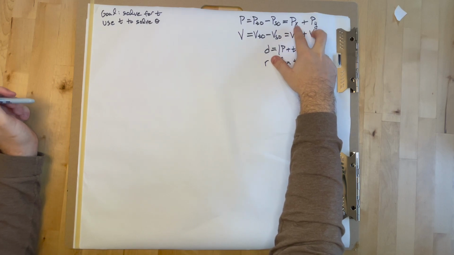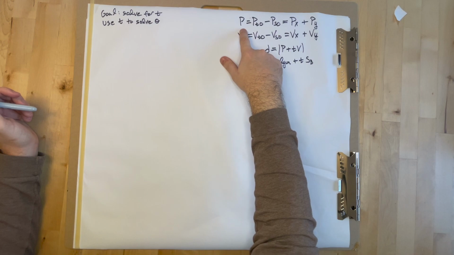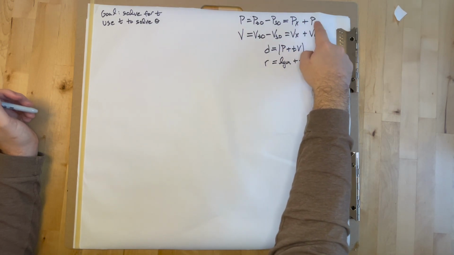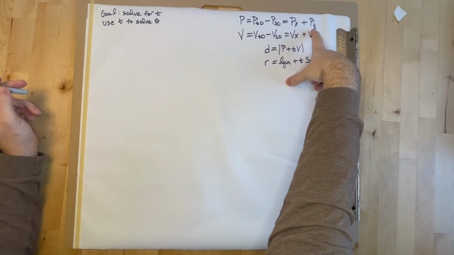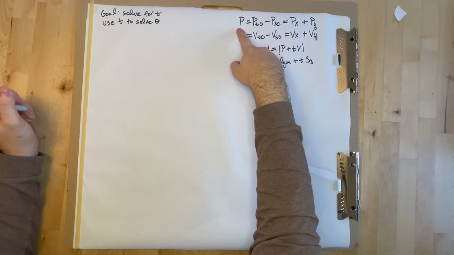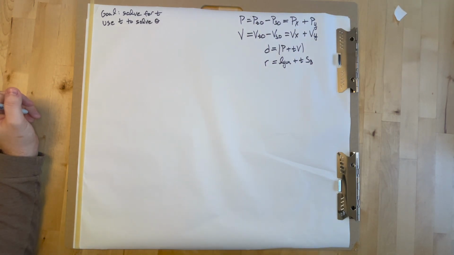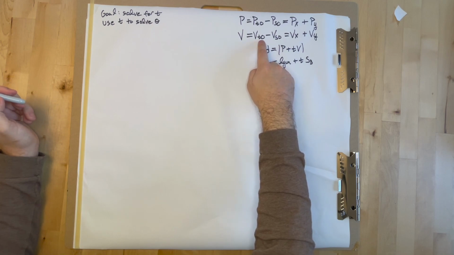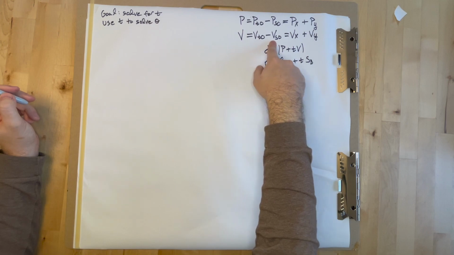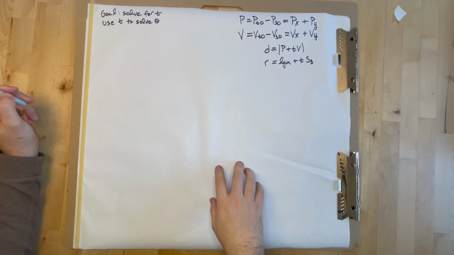I've set these up. Px is really the x portion of p i hat plus the y portion of p j hat, but these are just set up for convenience here. So we have v is equal to the velocity of the target at time 0 minus the velocity of the satellite at time 0, and similarly vx plus vy.